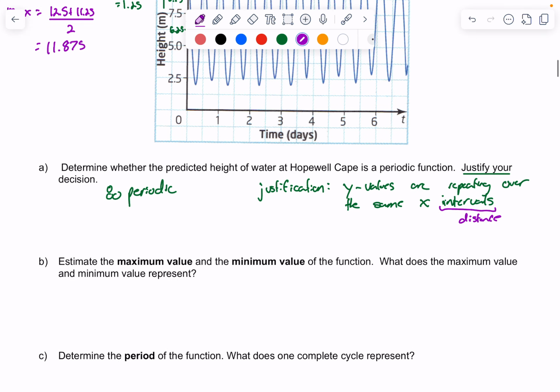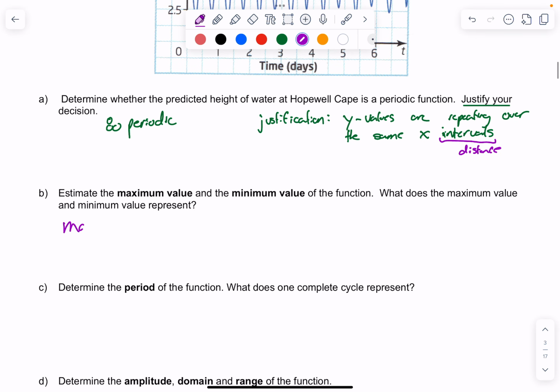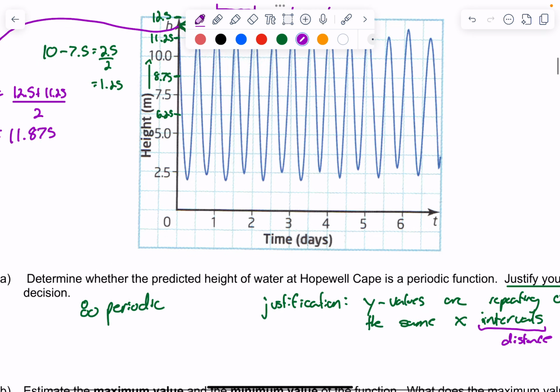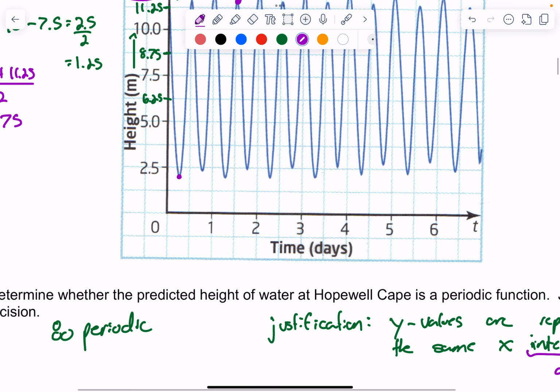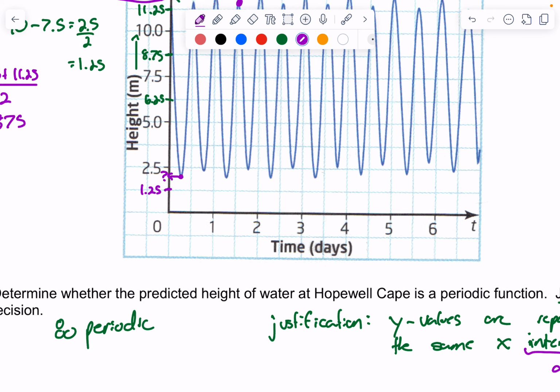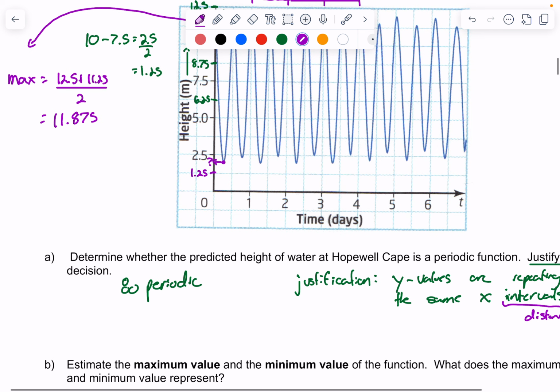Okay, so we calculated our max to be at 11.875. Let's do the same process for the min. So look at the graph and find your lowest value. That's right here. If we know that each one of these dashes represents 1.25, again, we're about halfway between 2.5 and 1.25.